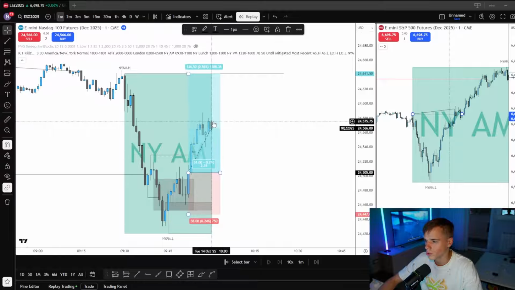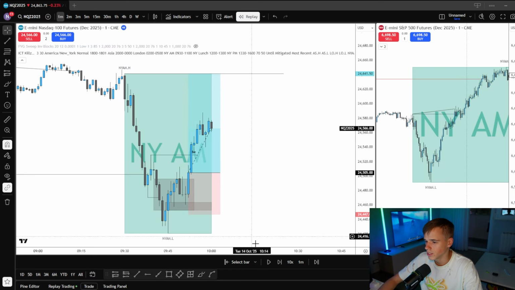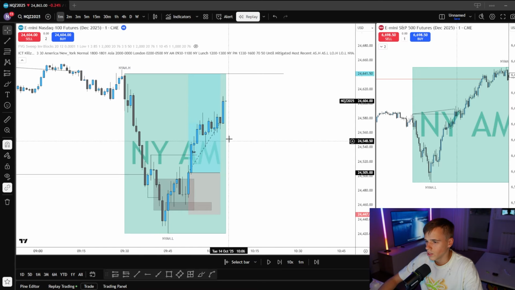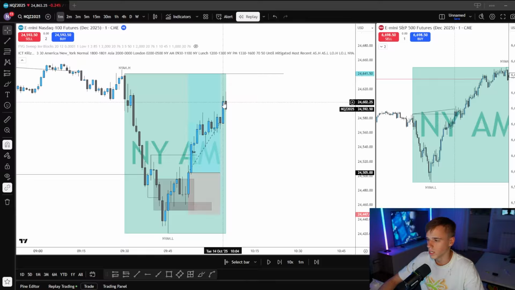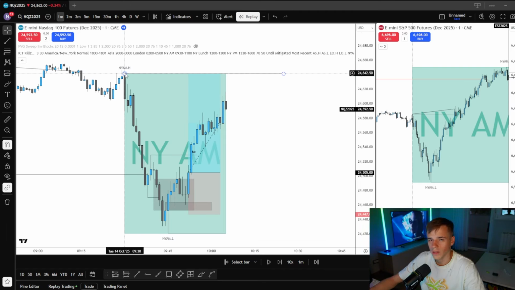If I scroll to the right, to exactly this candle right here, you can see that ES on this candle took the session high, and on the NQ we did not. So what does that mean? That is called SMT.